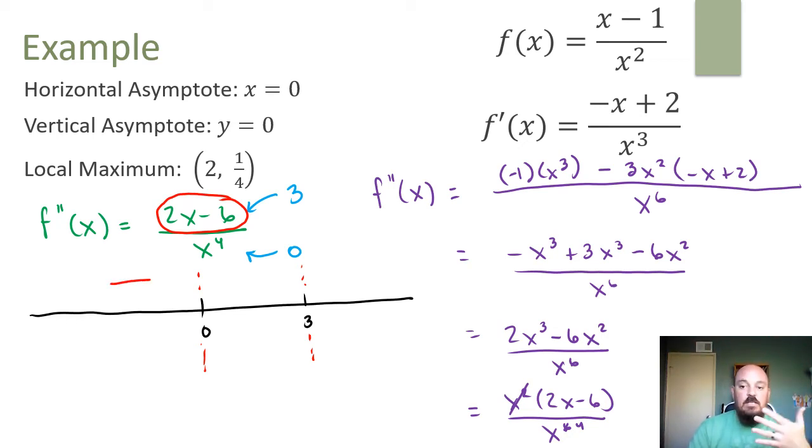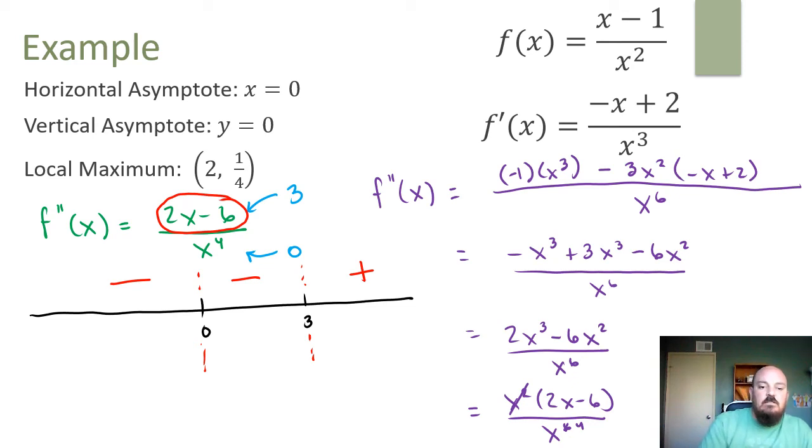If I put in, I can choose 1 or 2, let's choose 1 for the middle interval. 2 minus 6 is -4, still negative. And if I put in a big number, anything bigger than 3, like 10, 20 minus 6 is 14, that would be positive. So the only inflection point I have, see, 0 doesn't even look like an inflection point. It didn't change anyways, but it was an asymptote, so we already knew it wasn't.